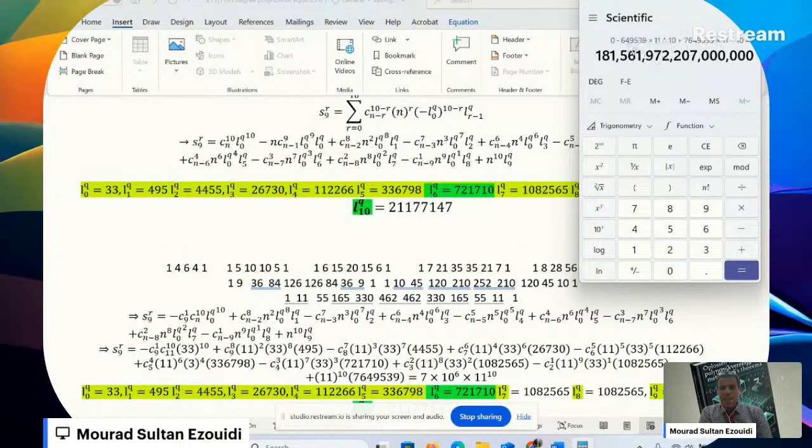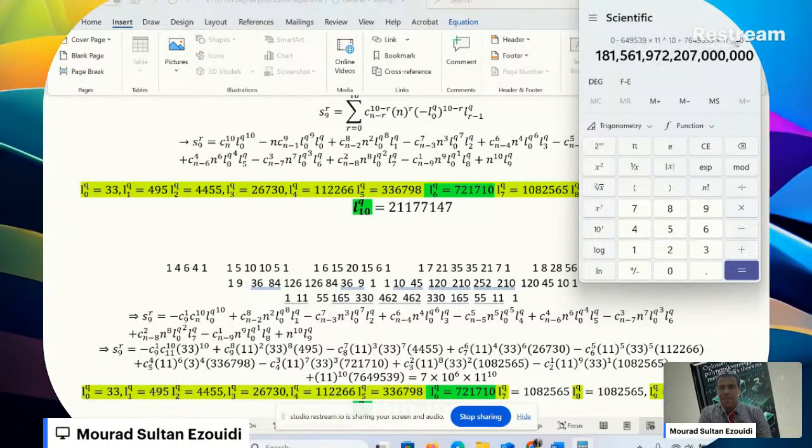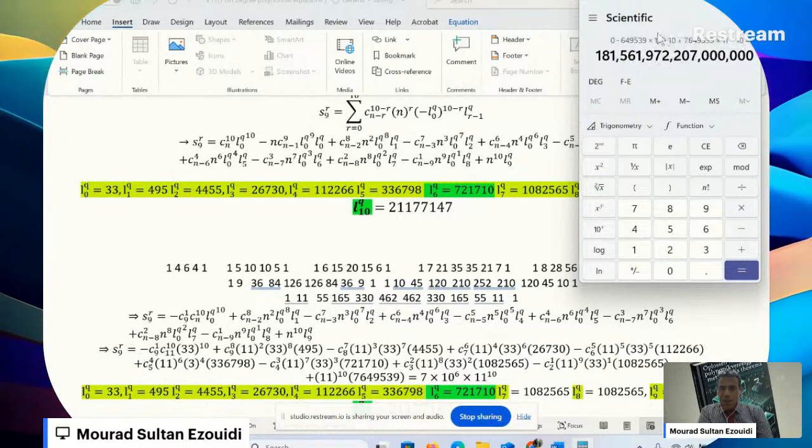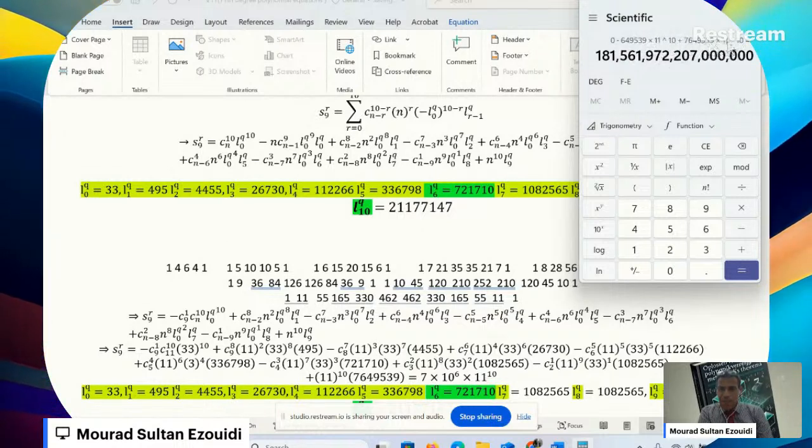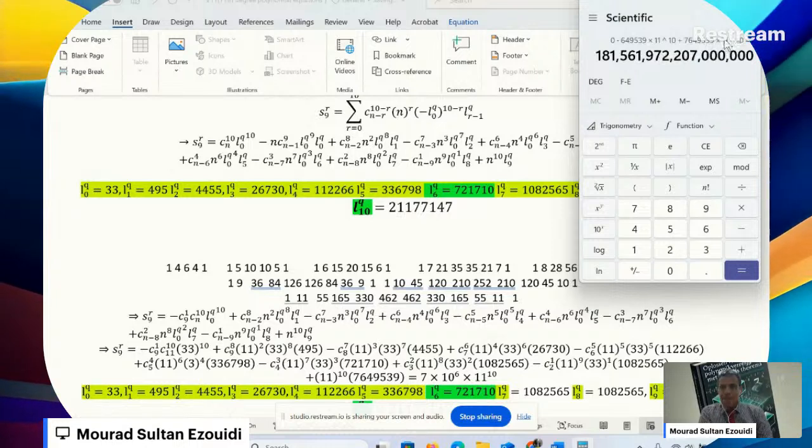So you see here, scientific calculation can make mistakes. Look here. I will ignore 11 raised to the power 10 and 11 raised to the power 10.